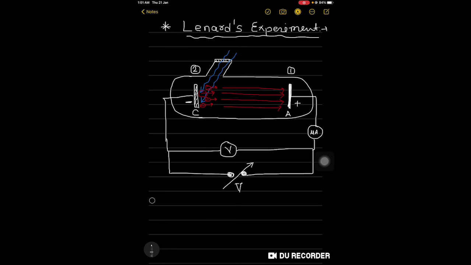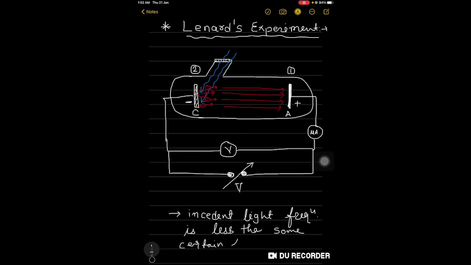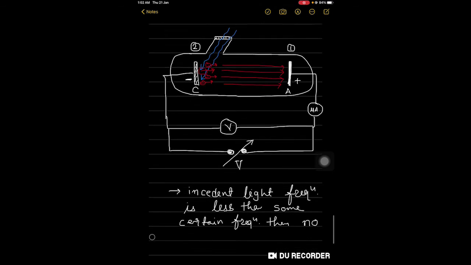So here this observation was also very interesting, that if the incident light frequency is less than some certain frequency, then no emission was found.